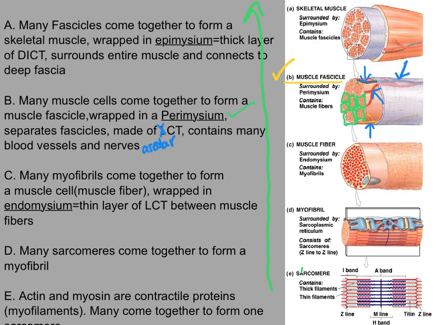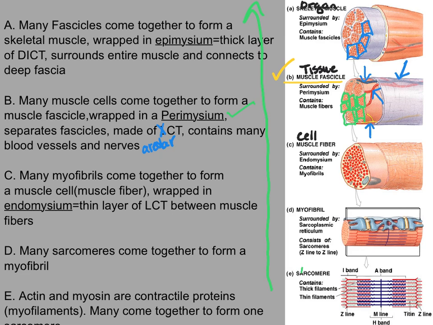And then many fascicles come together to create what we know as the skeletal muscle, the organs of the muscular system. So here's a fascicle, here's another fascicle, and here's another, and here's another. So if we want to look at our levels of organization here, we've got cell, tissue, organ.